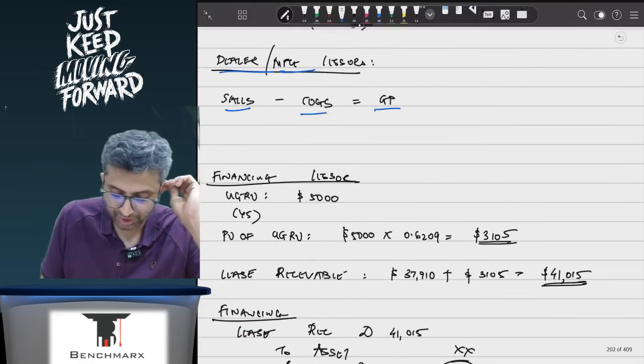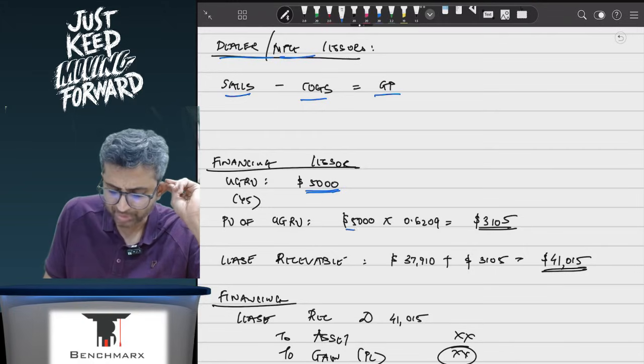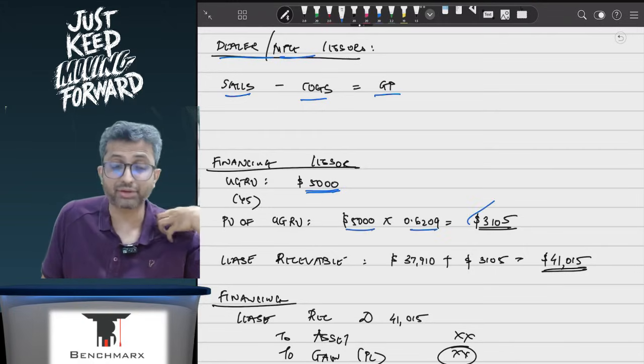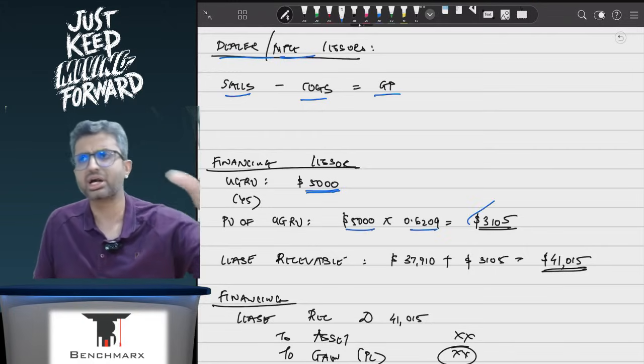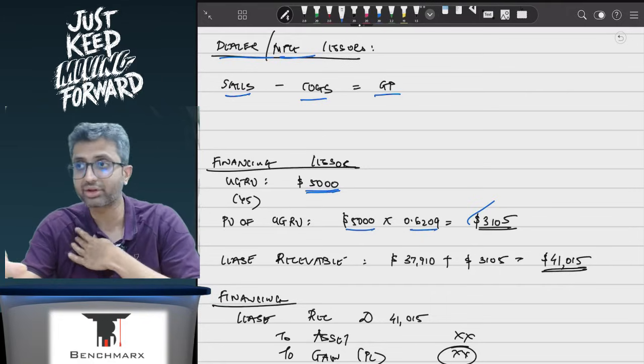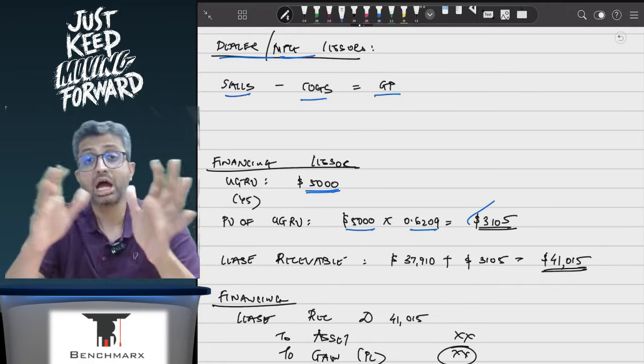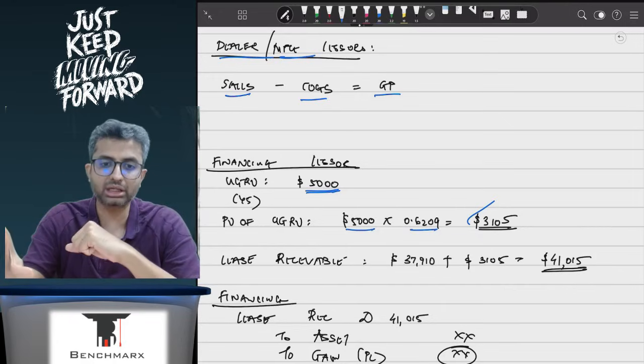Now let us say I look at the finance lease and there is an unguaranteed residual value of 5,000. So the present value of unguaranteed residual value is 3,105. Acha, in our standard example, this is $10,000, 5 years. Discount factor is 10%, so 37,910 that you are getting. But that is 10,000 that the lessor is going to get.